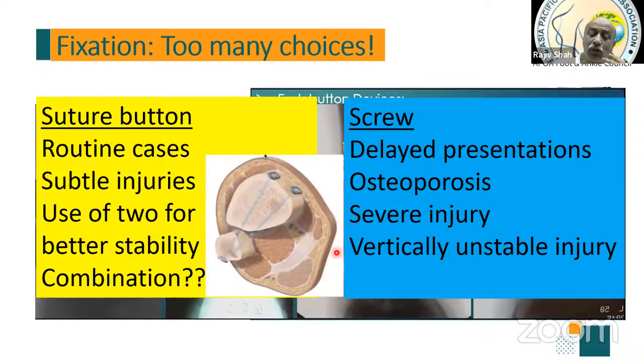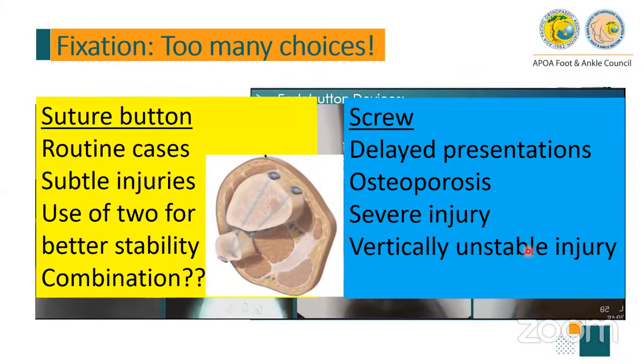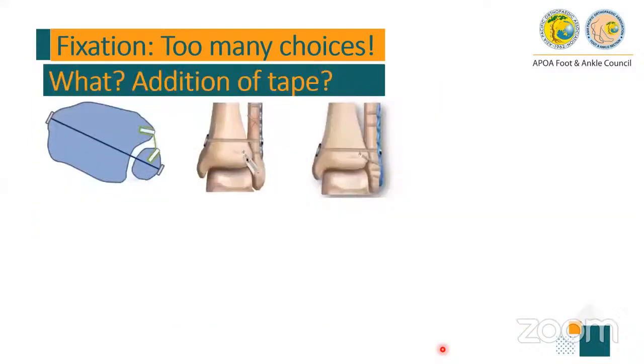In my practice, for routine cases I like to use a suture button. Settled injuries I like to use a suture button. I have not used two suture buttons for better stability. But screws for delayed presentation, osteoporosis, severe injury, and vertically unstable fracture injury, I like to use screws.